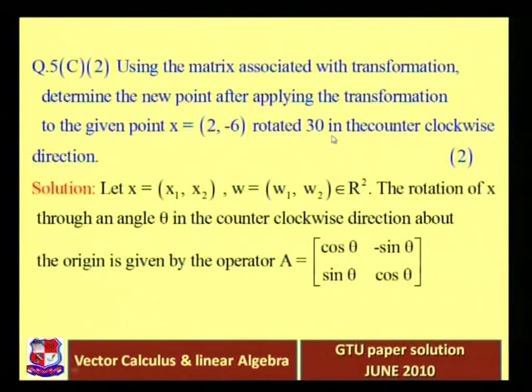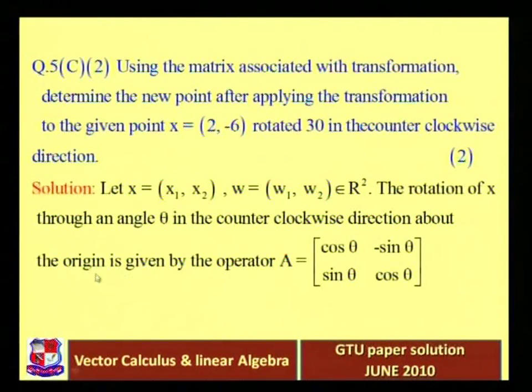Rotate it 30 degrees in the counterclockwise direction. This question was asked for 2 marks. Here is the solution. x is equal to x1, x2 and w is equal to w1, w2. Both are vectors of R2.